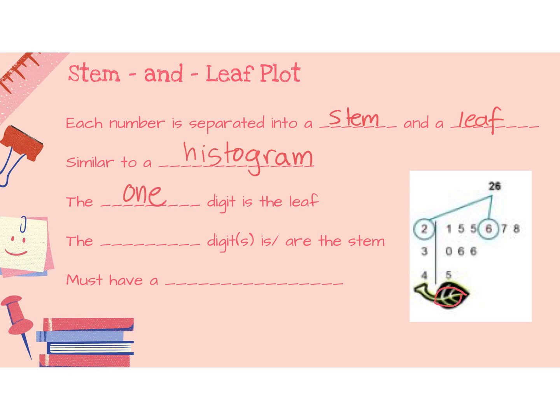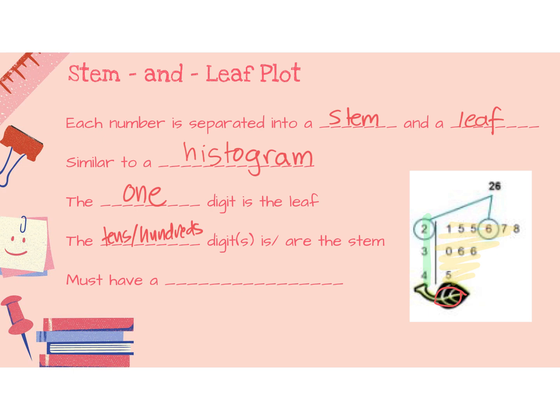You can see down here is our leaf. All of these are our ones digits. And then the tens or hundreds digits are the stems. And the stems you can see are over here.